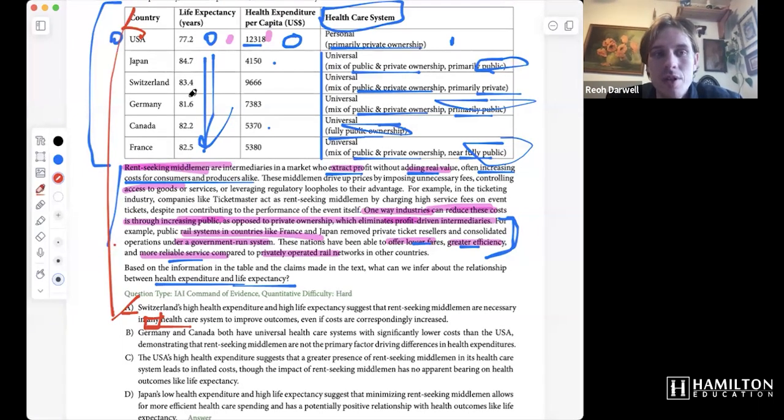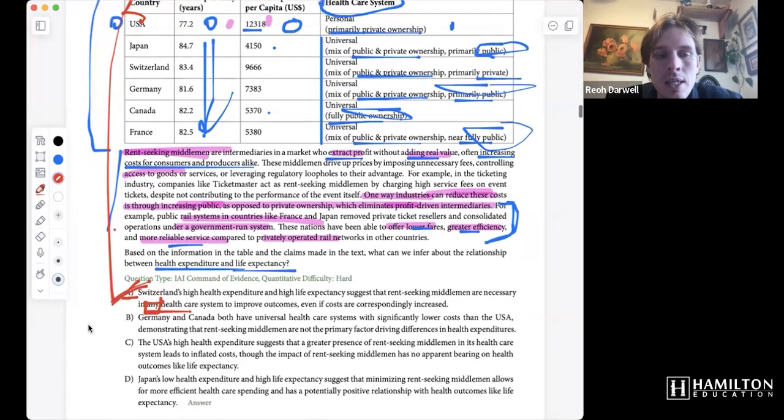While that might be true for Switzerland, right? Its life expectancy is a little higher than Germany, Canada, or France, with a little more private ownership. We can't say that this extrapolation, this conclusion, is true for all because it's not true for the USA. All right.